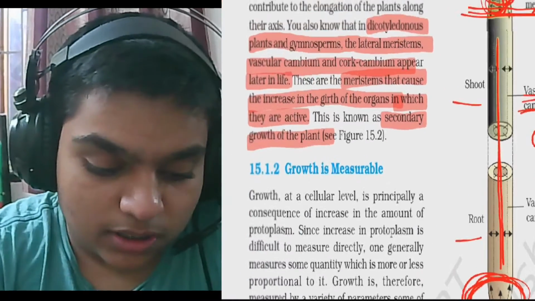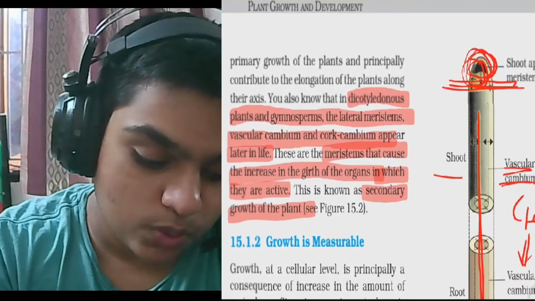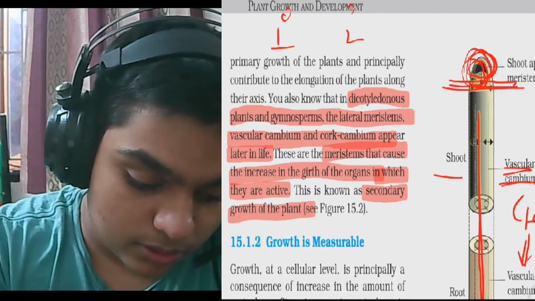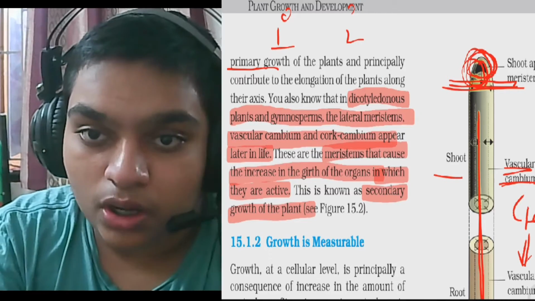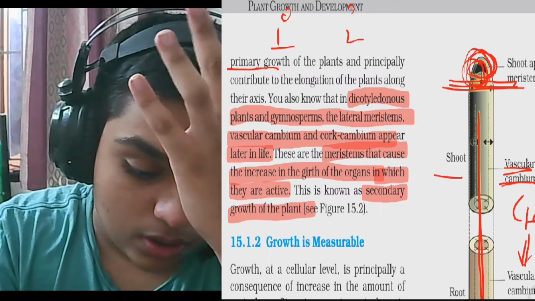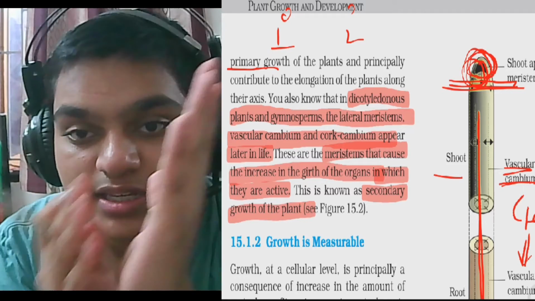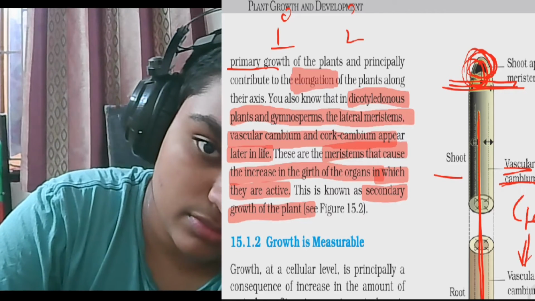Now the thing we have to learn is that there are two types of growth. One, primary growth. Two, secondary growth. Primary growth means the plants grow along the principal axis, the perpendicular axis, which you can also call elongation.